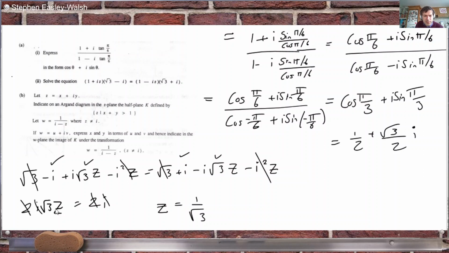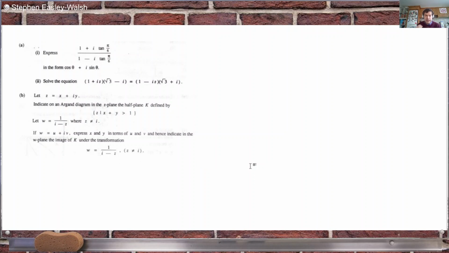I was expecting that to be a little tougher. Maybe I simplified it too much. Root 3 minus i plus i root 3 z minus i squared z equals root 3 plus i minus i root 3 z minus i squared z. No, looks okay.